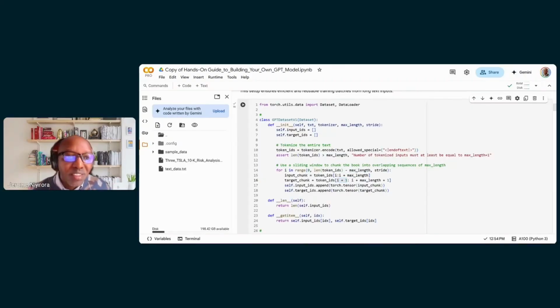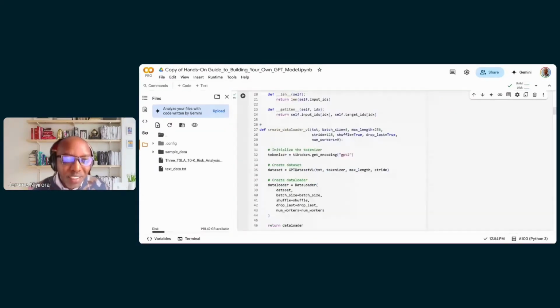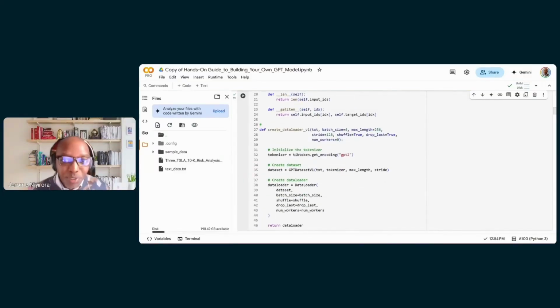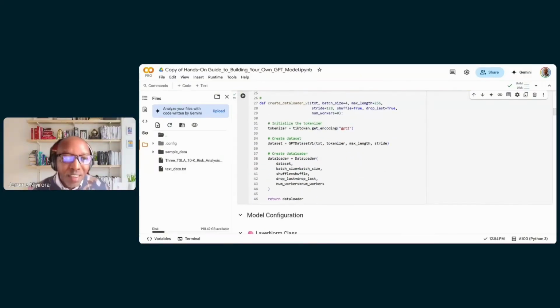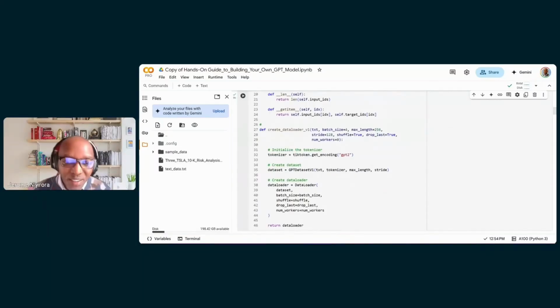So let's run this. This will be our data loader and tokenizer, both classes and function. Essentially what this function did, it took the tiktoken, this from GPT, for embedding, and the dataset class, which chunks the data into the input and target IDs.